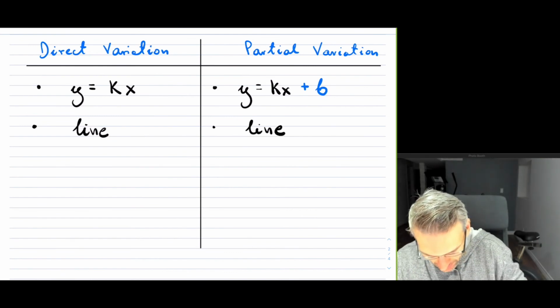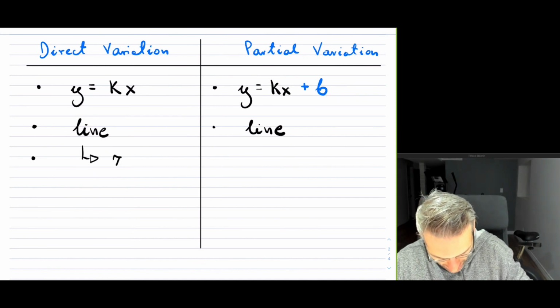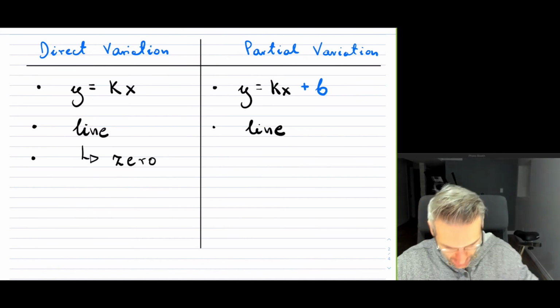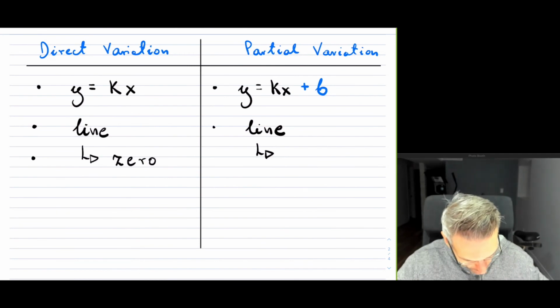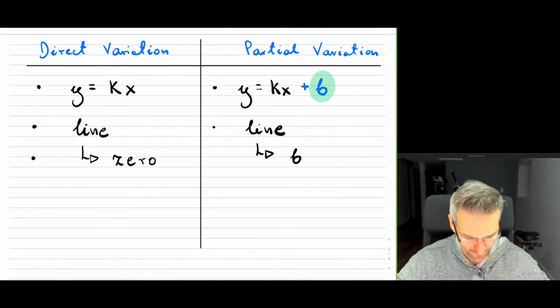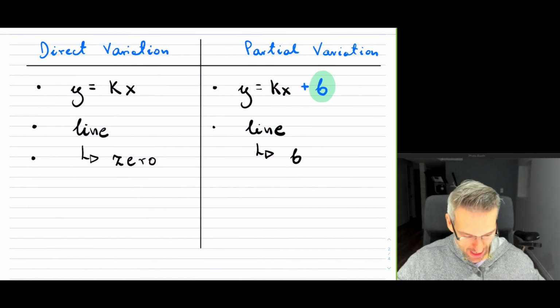The only thing is that the direct variation line will always go through 0, and the partial variation line will always be shifted and go through b, whatever you have shifted by. That's really the only difference.